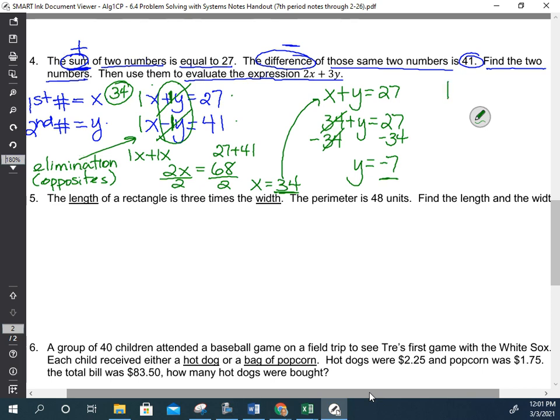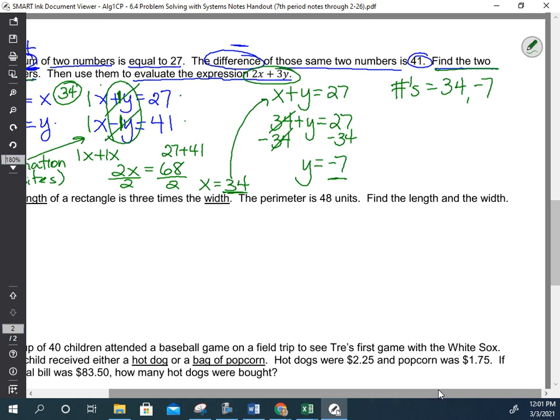So we know that the two numbers are 34 and -7. So I found the two numbers. Then use them to evaluate the expression 2x plus 3y. So if I have 2x plus 3y, I know that x was 34 and y was -7.